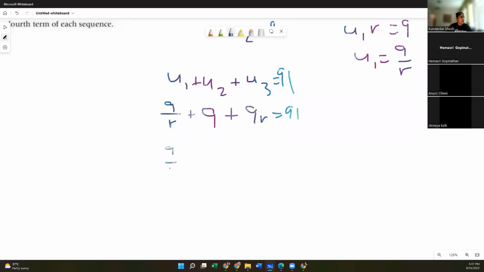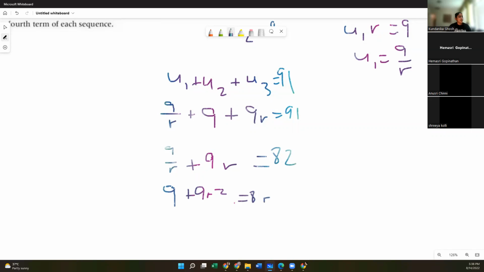So you have 9 over R plus 9R equals, what is 91 minus 9? 82, right? Now, what you can do next is multiply everything by R to get rid of the R in the denominator over here, right? So then you get 9 plus 9R squared equals 82R.